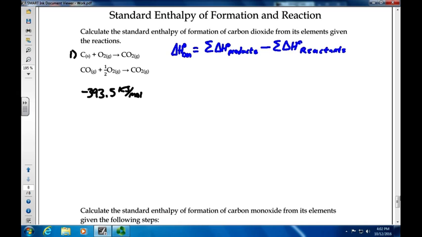Now, if you also look at that chart, you'll find that we're going to have to subtract the sum of the two heat of formations in the products. Well, we have carbon, we have oxygen, both of which, surprise, have 0 kilojoules per mole for their heat of formation.